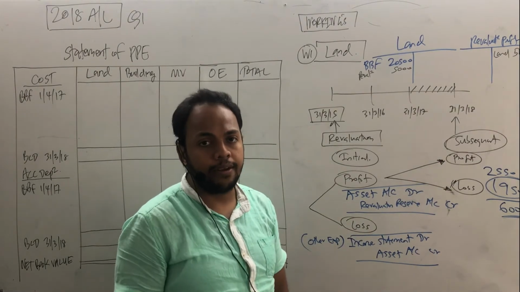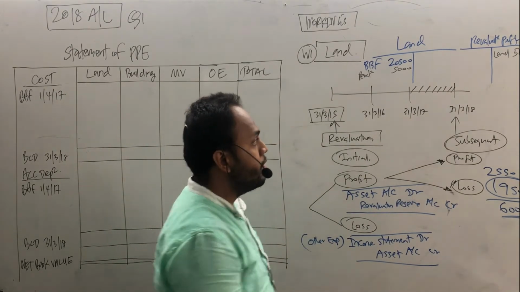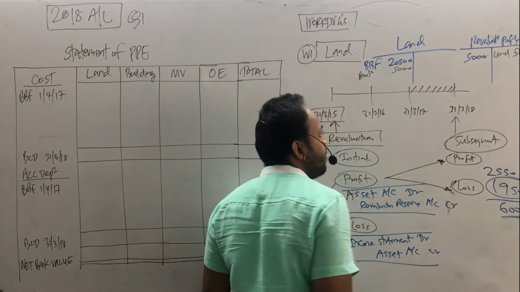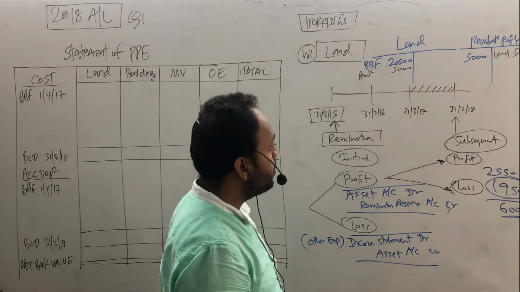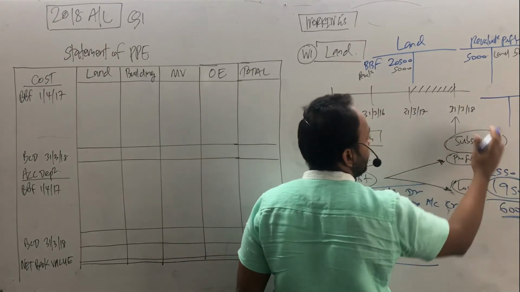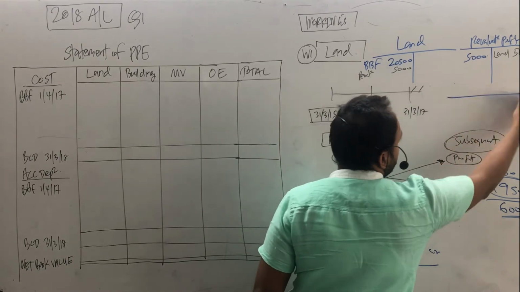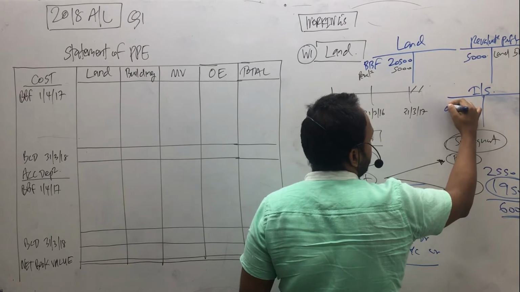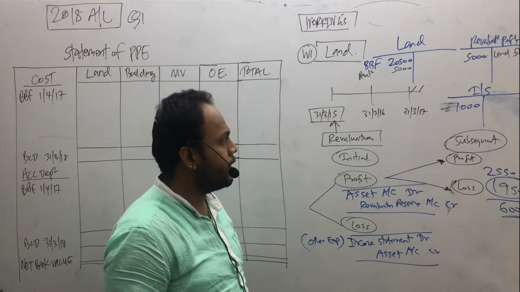So how do you record that? Since there is already a revaluation profit of 5,000, you have to debit the revaluation reserve account by 5,000. So you set off the revaluation profit. Then the remaining 1,000 you have to take to the income statement under other expense.